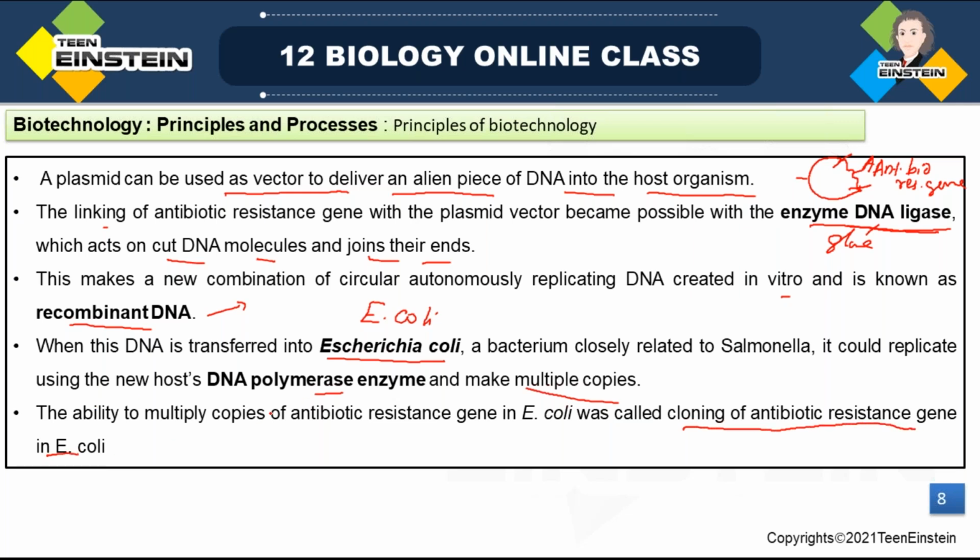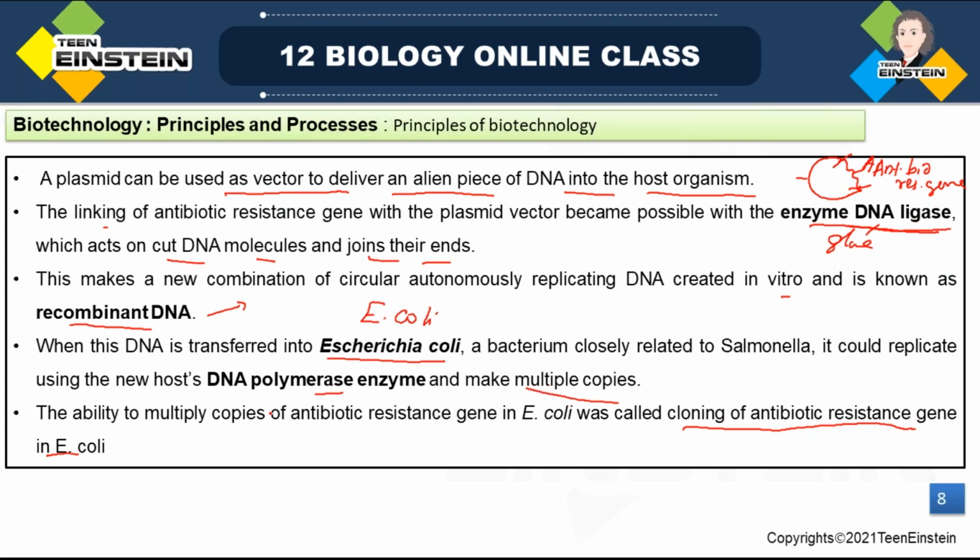coli was called cloning of antibiotic resistant gene in E. coli. So the multiple copies of antibiotic resistant gene produced, or the ability of E. coli, which is a bacteria, to produce multiple copies of antibiotic resistant gene, is called cloning of antibiotic resistant gene in E. coli.